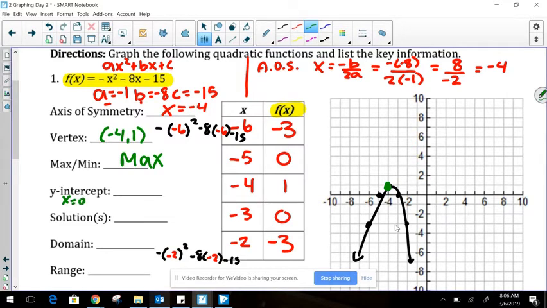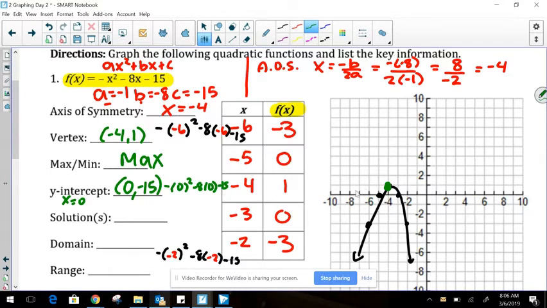So I'm just plugging in 0 for x in both of these spots in my equation. So I have negative 0x squared minus 8 times 0 minus 15. Some of you might notice, both of these are just 0. Those cancel out, so I'm just left with that c value, negative 15. So my y-intercept is 0, comma, negative 15.